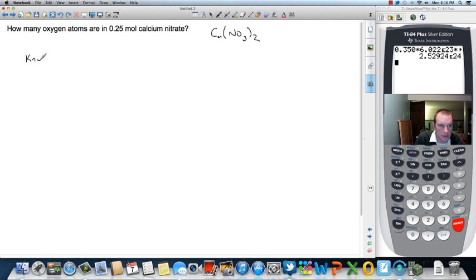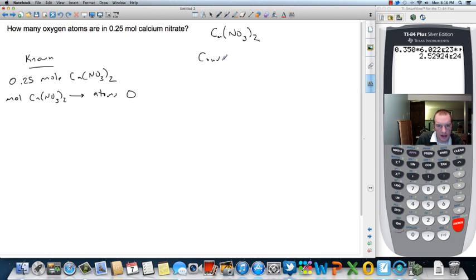What we know by reading the question is that there's 0.25 moles of Ca(NO3)2, and that we're trying to go from moles of Ca(NO3)2 to atoms of oxygen. So the same general setup.